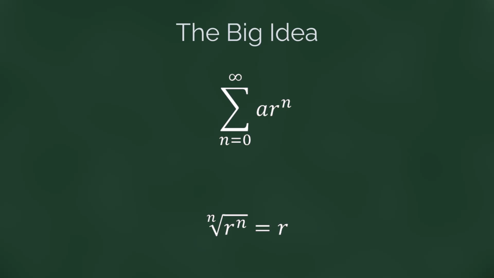Let's look at the nth root of r to the n. That is clearly r, and we know once again that if r is less than 1, the series converges, and if it's greater than 1, the series diverges. So this idea of looking at the nth root of the nth term and deciding if it's bigger or smaller than 1 is exactly what lies at the heart of the root test.